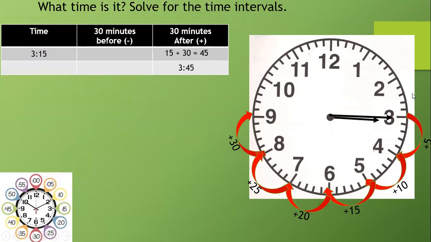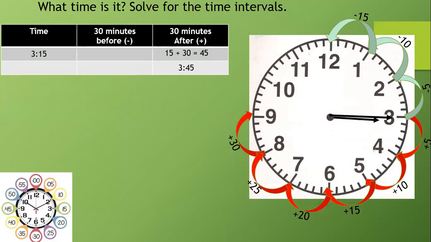Okay, let's begin. -5, -10, -15. Now remember, boys and girls, every time that our longhand or our minute hand reaches the 12, it changes an hour, okay? The hour either goes backwards or forwards, meaning the hour either gets smaller or it gets larger.